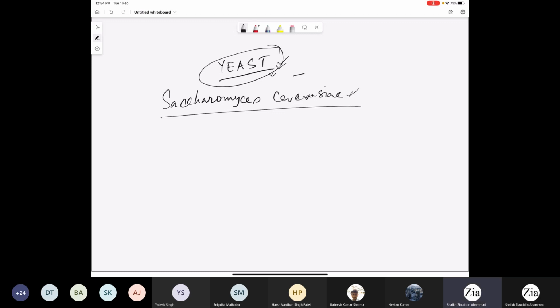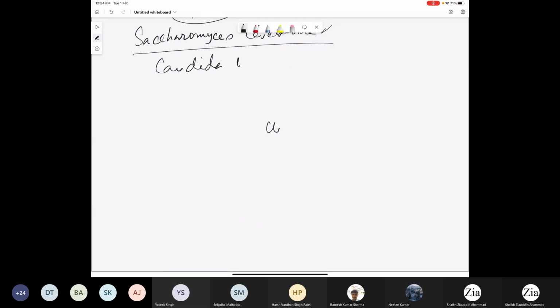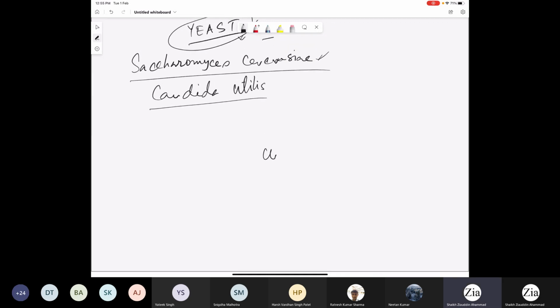So Candida utilis is another kind of yeast, also known as food yeast.